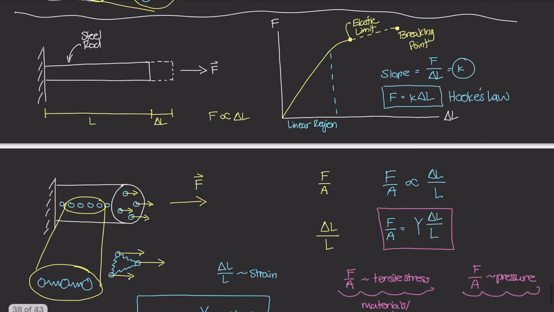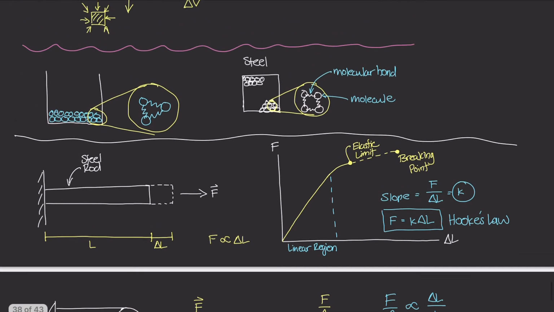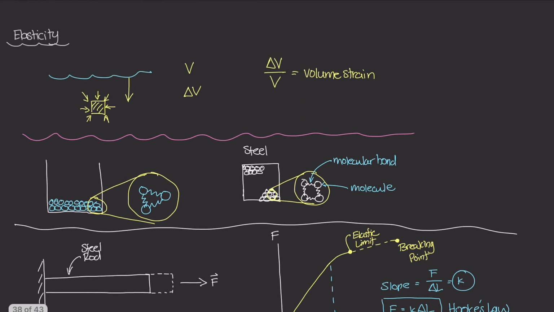So at the very first part of this series of videos, I said that if you had some sort of an object that was submerged inside of a liquid, in this case water, this was a wooden block submerged in water, you know that there's going to be pressure inside of this liquid. And the deeper you go down, the higher that pressure. And the higher the pressure, the higher the force acting on all sides of this object.